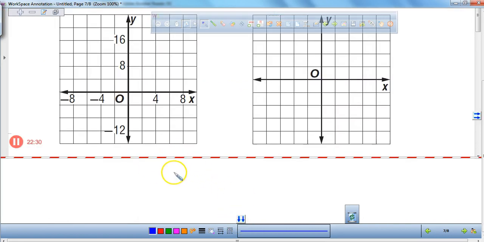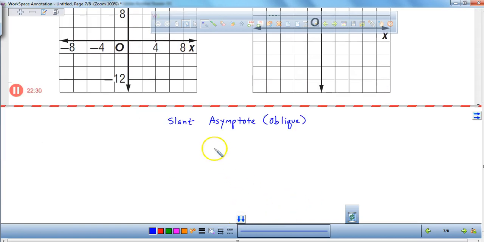So there are rules for slant asymptotes. So I'm going to put slant asymptote. Slant asymptotes are also called oblique asymptotes. All right? So here's the rule.